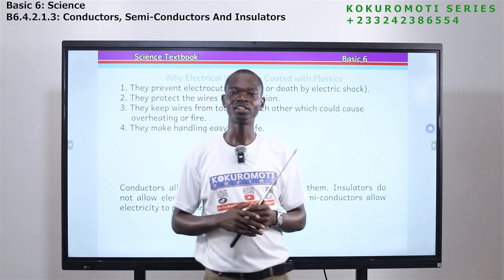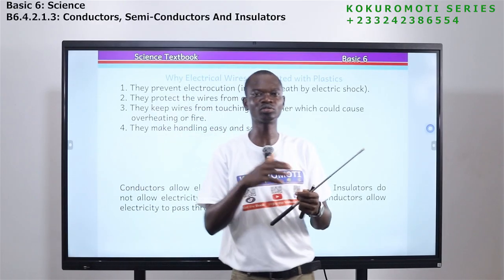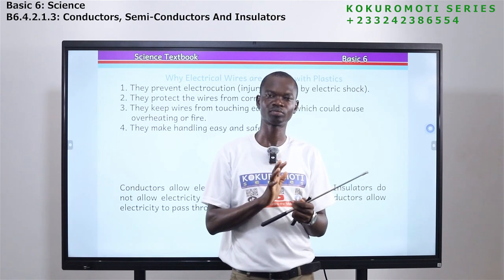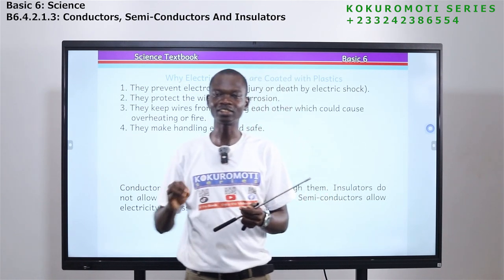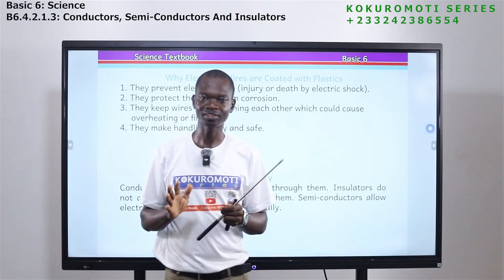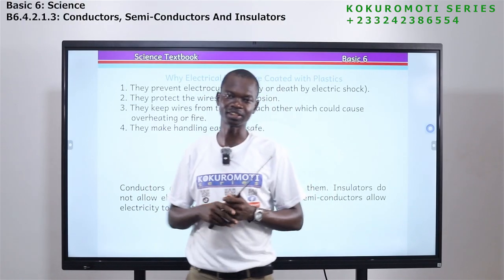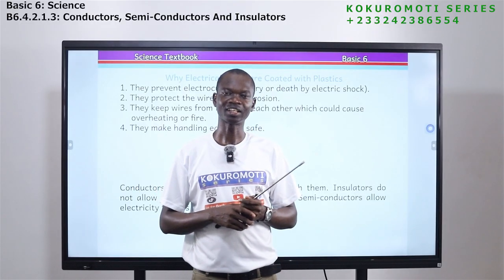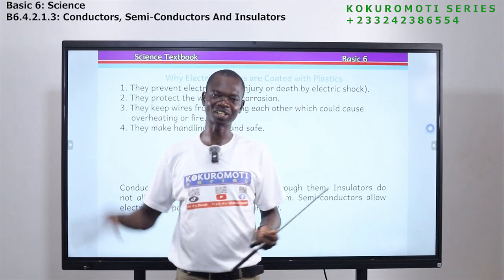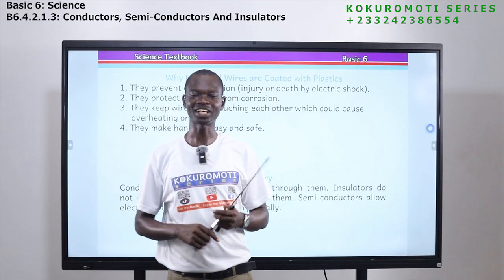They do not allow electricity or heat to pass through easily and freely. So semiconductors are partial conductors of heat and electricity. They are not poor conductors, and they are not good conductors. Okay, so that is what we have learned.